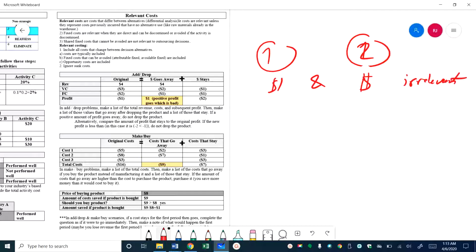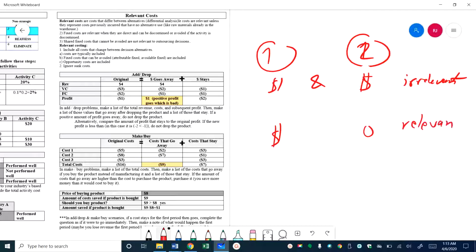So fixed costs are generally irrelevant because they don't matter in decision making because they stay between both alternatives. However, if one cost exists in one alternative but goes away in the other, then it's considered relevant.